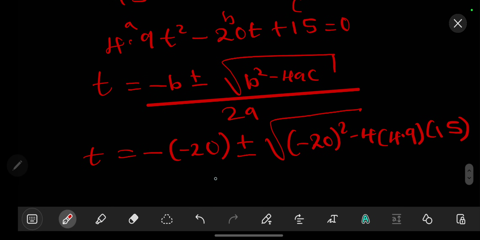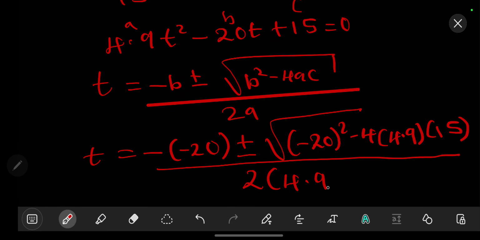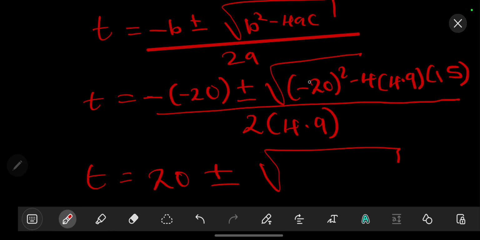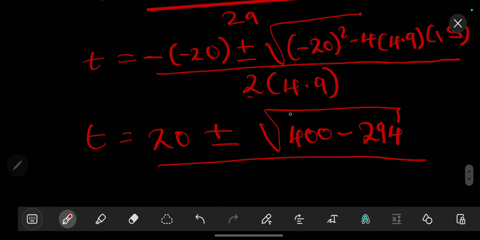All over 2 times our a, which is 4.9. So we are going to get t should be equal to 20 plus or minus, negative by negative is positive, the square root of 20 squared, which gives us 400, minus 4 by 4.9 by 15. This gives us 294. Then 2 by 4.9 gives us 9.8.